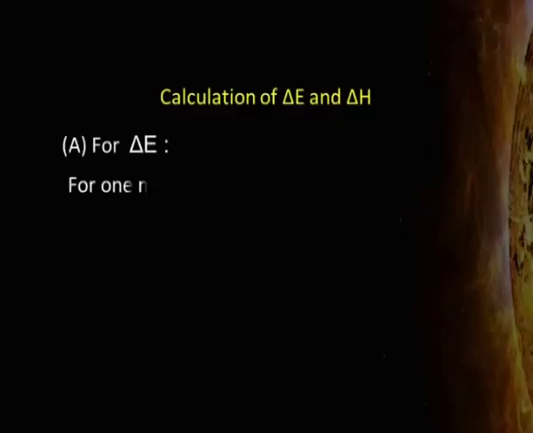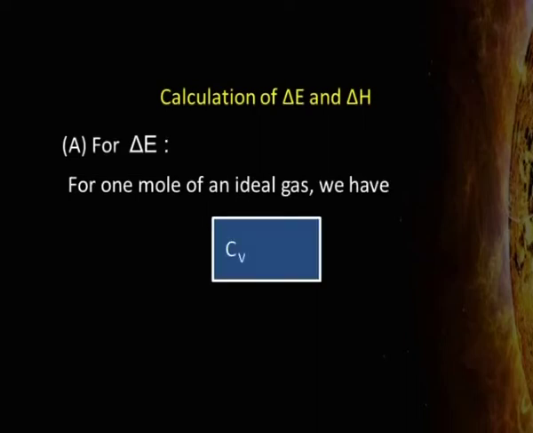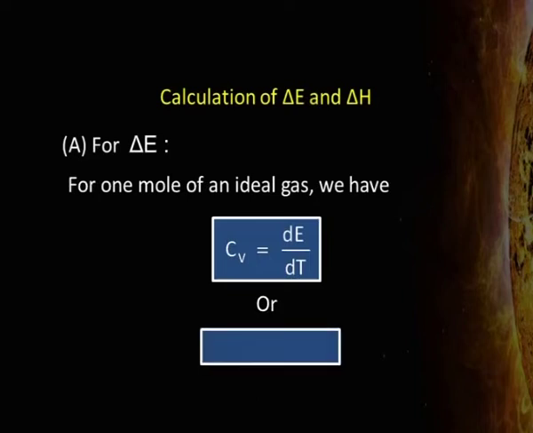We can calculate delta E and delta H in terms of Cv and Cp. First, we are discussing delta E. For 1 mole of an ideal gas, we have the relationship Cv equal to dE divided by dT, or we can say that dE is equal to Cv multiplied by dT.